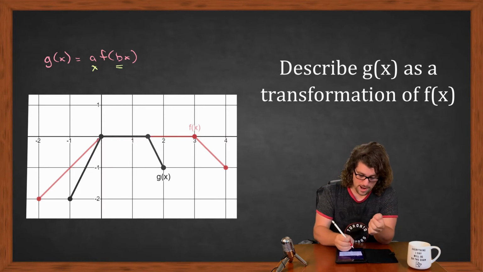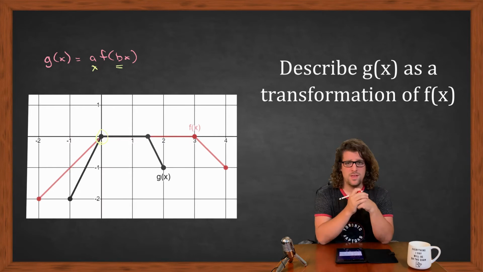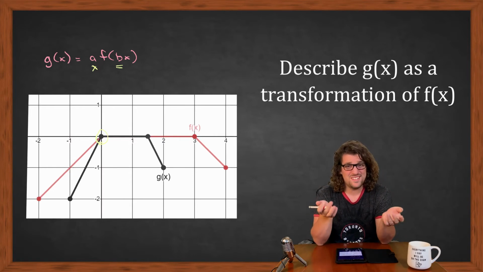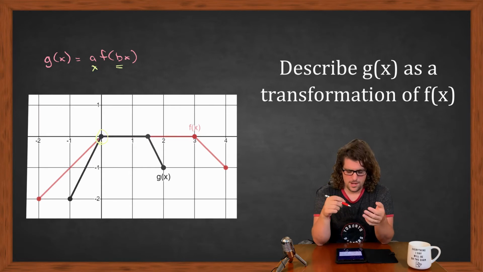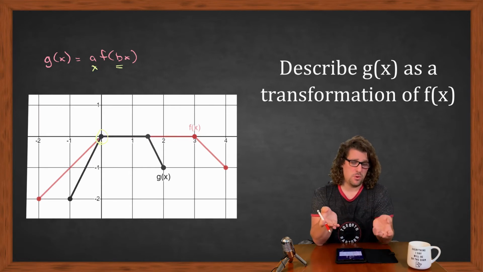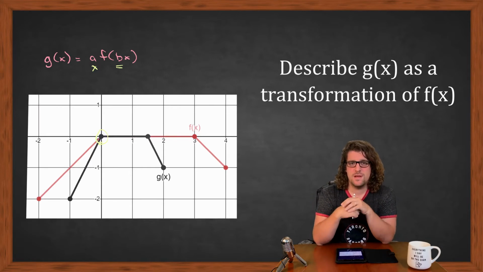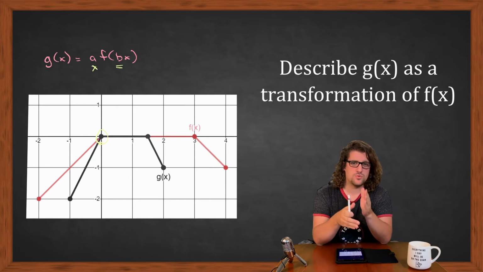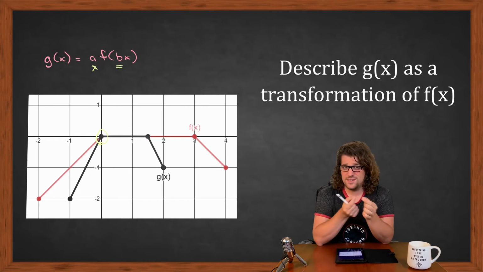There's actually only one bad point, and that would be this one right here, the one that's located at the origin. What I mean by a bad point is that it actually doesn't move. It's what we call an invariant point. So under this particular transformation, it doesn't move at all. The reason it doesn't move is because it's right on the y-axis to begin with, so it's 0 distance away from the y-axis.